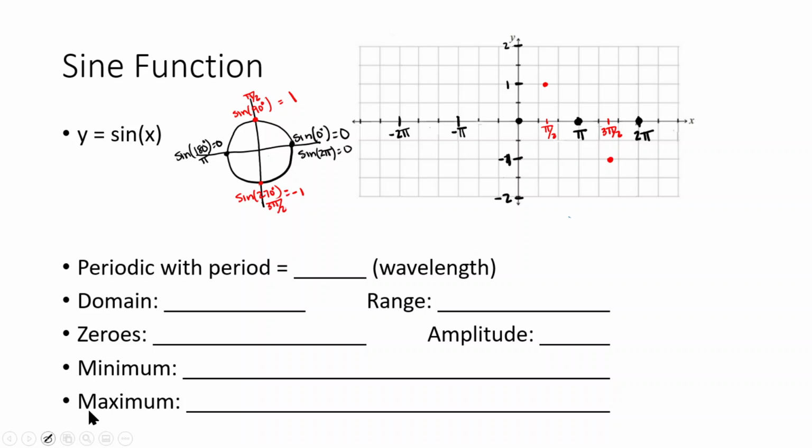If I could go around the unit circle over and over and over again, it'll just repeat that. So what's happening when I connect these dots is I get a wave, and this is one period, or one wavelength, at 2 pi.